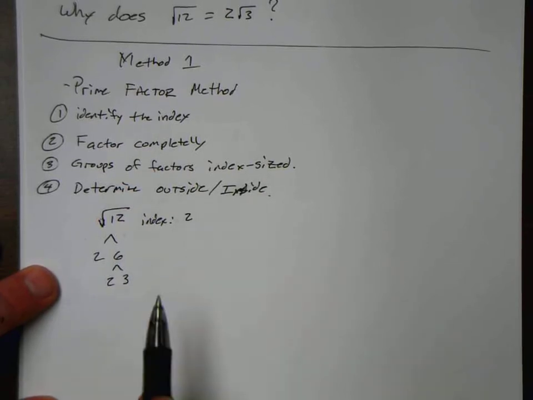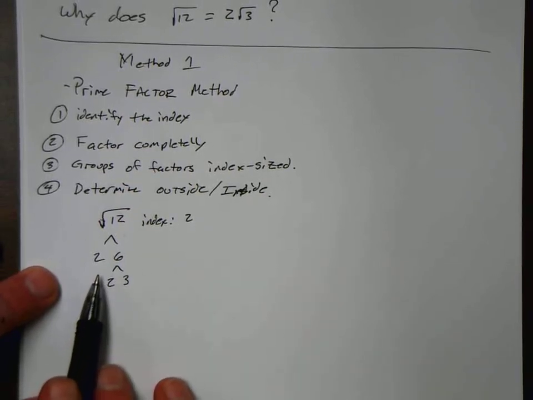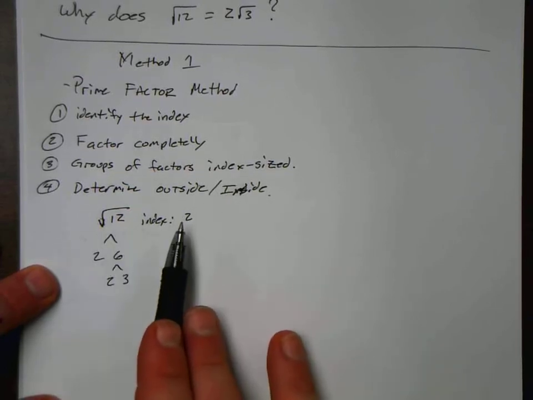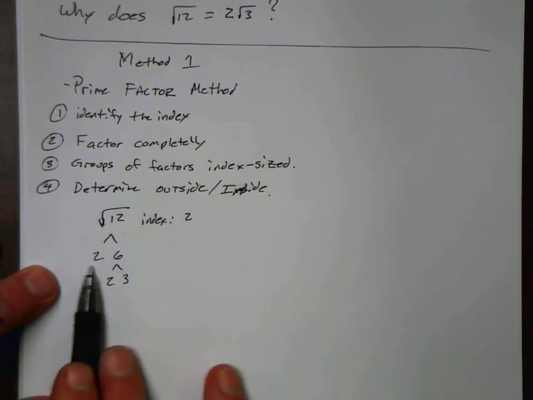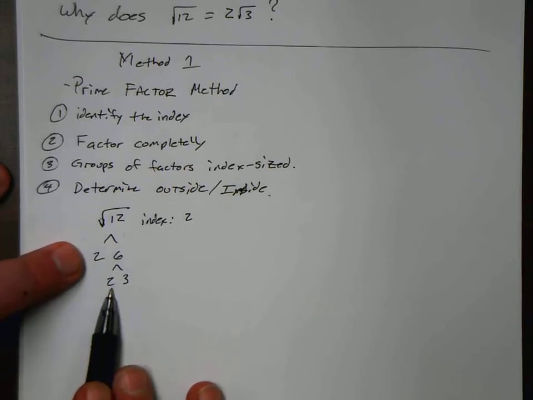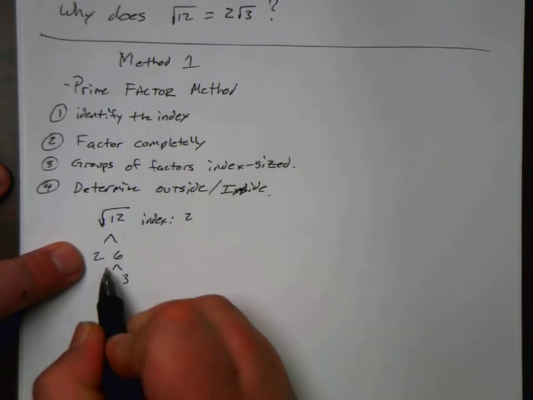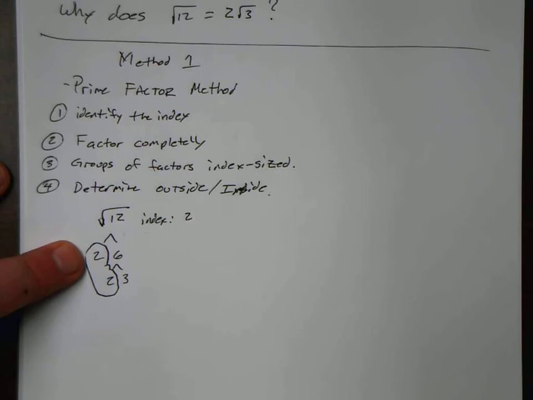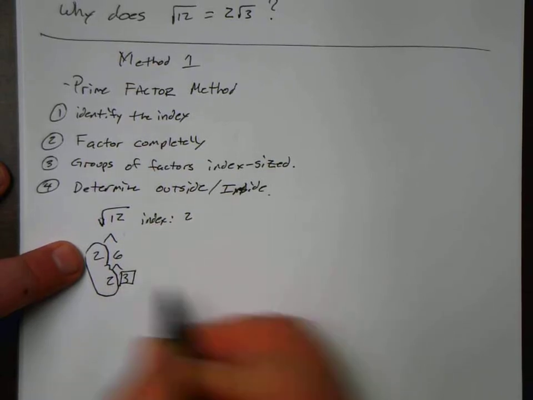My index is 2, so I only want the same number, whatever number that might be, in groups of 2. I have a 2 here. Does 2 have another friend? Sure, I have another 2 here. So I have 2 2s and a 3. I'm going to take this group of 2s and circle them, and then put a box around the 3.